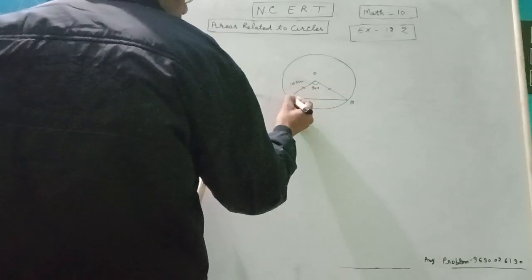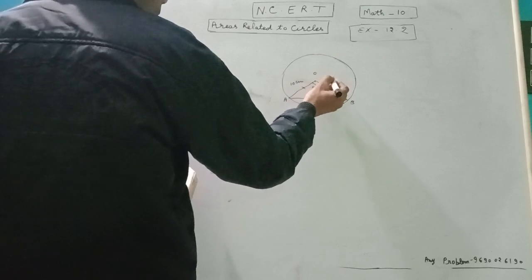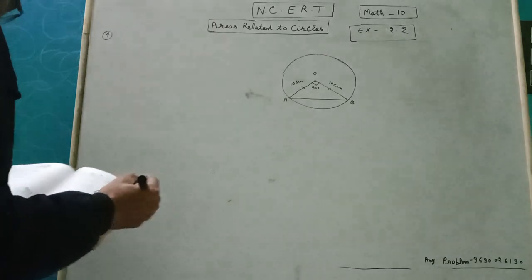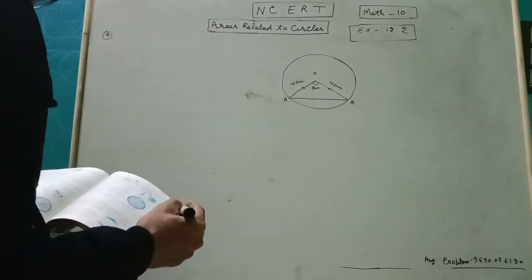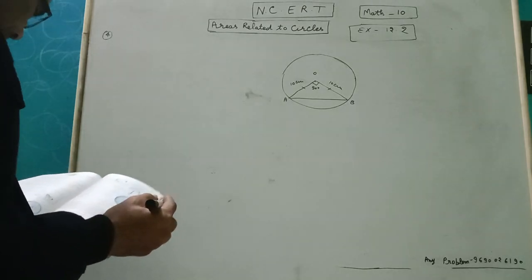OA is equal to OB, both radii of the circle. We find the minor segment and the major segment.